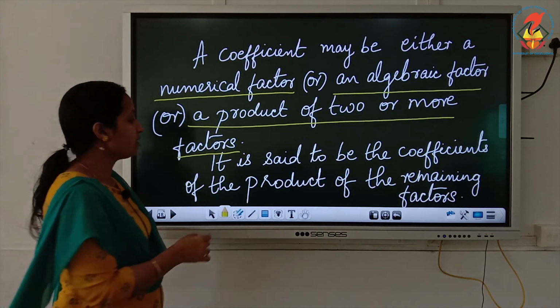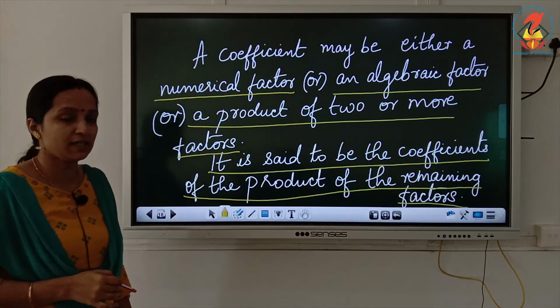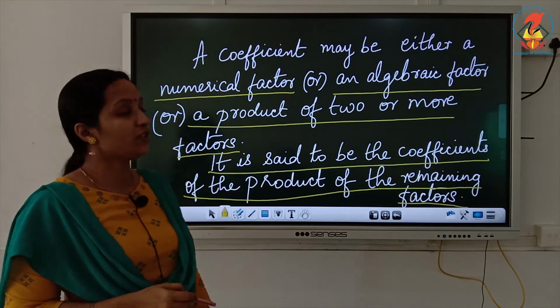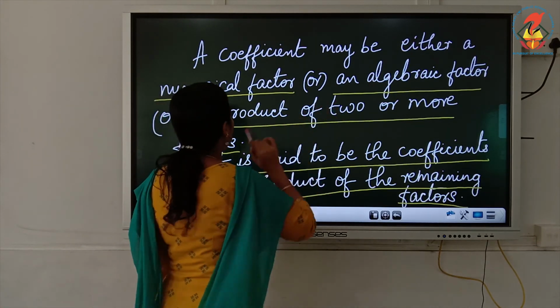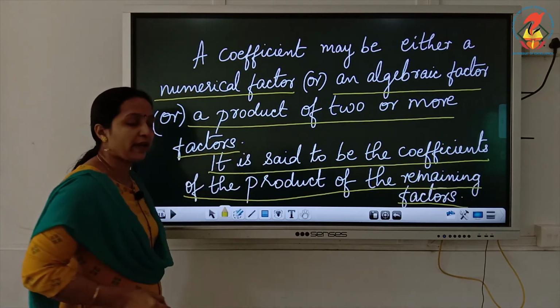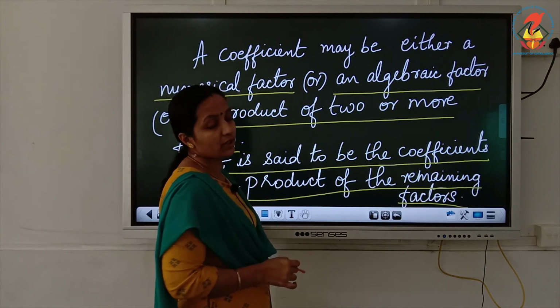This is very important: it is also said to be the coefficient of the product of the remaining factors. We already studied factors, right? So a coefficient may be either a numerical factor or an algebraic factor, or a product of two or more factors, and it is said to be the coefficient of the product of the remaining factors.